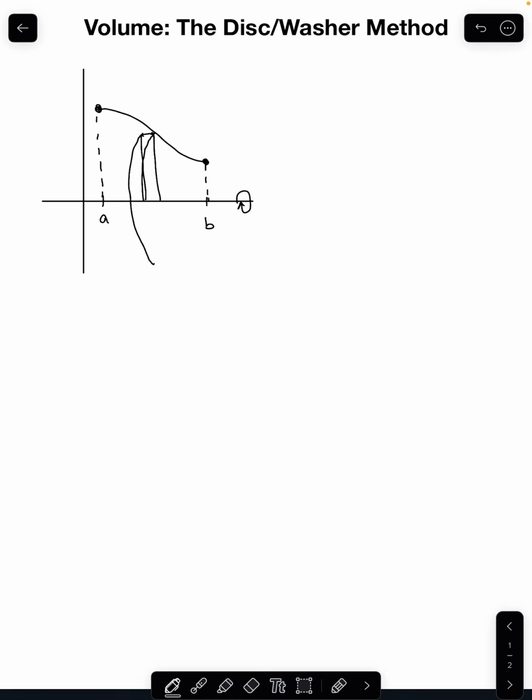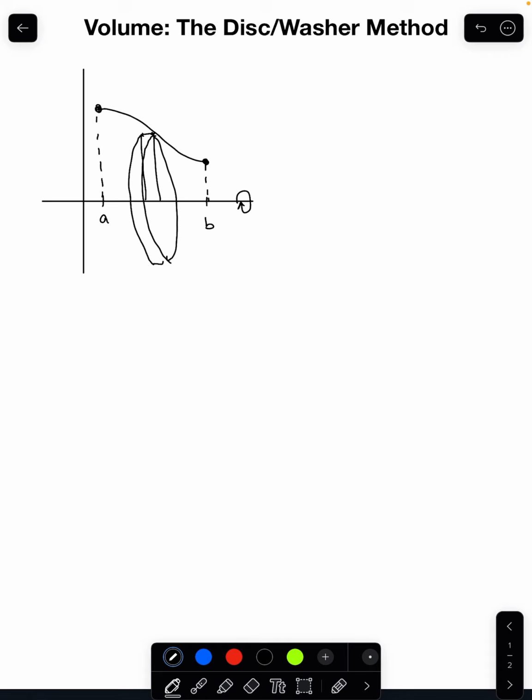As that one rectangle swings around, it's going to become this flat cylinder, this disc shape. And instead of finding the area of the rectangle, we instead would be finding the volume of this disc.